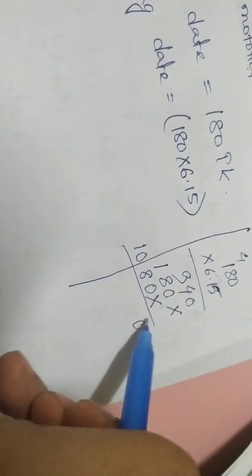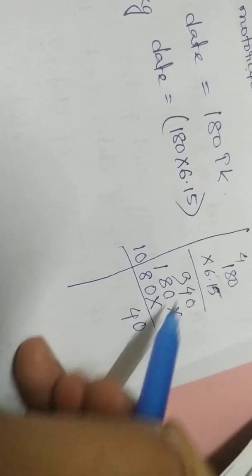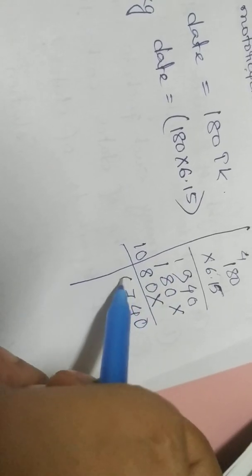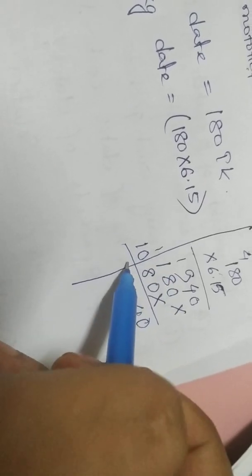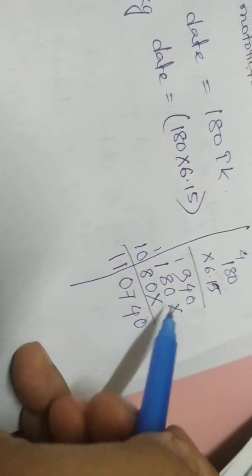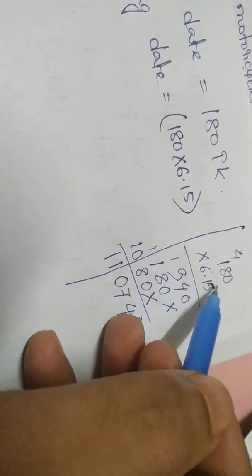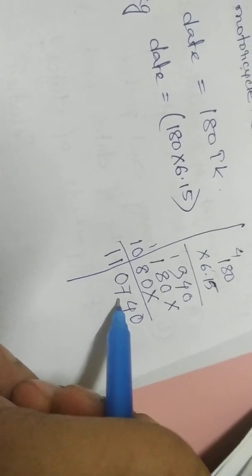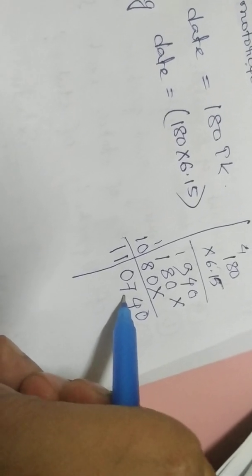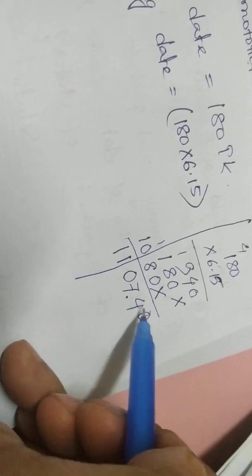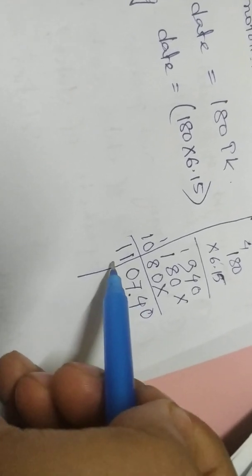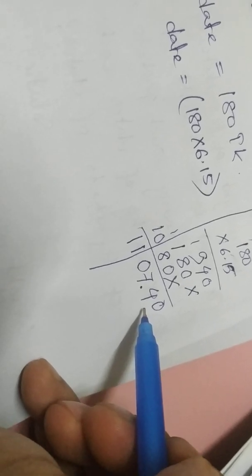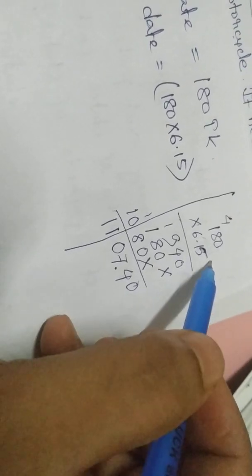Once we add it, 0, 4, 9, 8, 17, 8, 1, 9, 1, 10, 11, 1. So after decimal there are 2 digits only, so here also I need to place the decimal over here, because after decimal we need to maintain the 2 digits. So answer is 1107.40 taka. Okay.